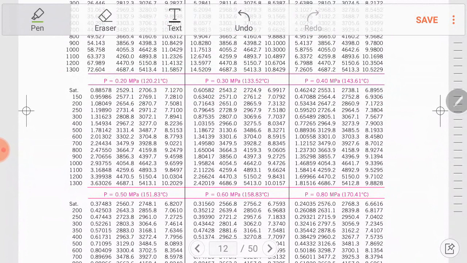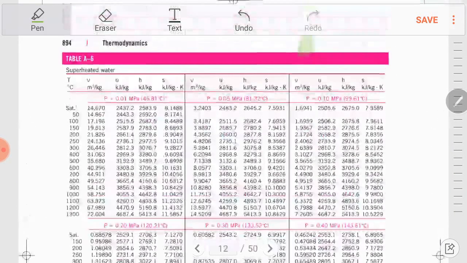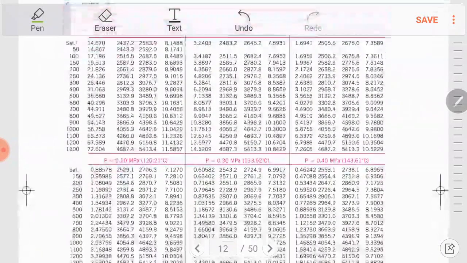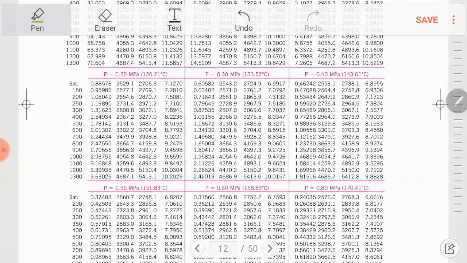Even in the final state, the pressure is 0.3 megapascal or 300 kilopascal. Along this we have to see enthalpy, the third property. When we match this enthalpy, we can get the temperature across it.